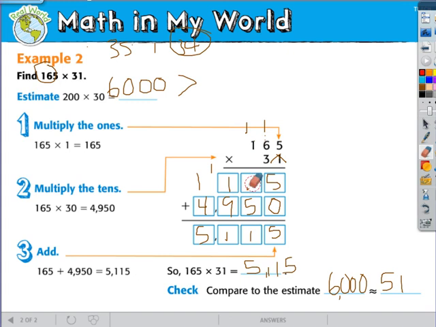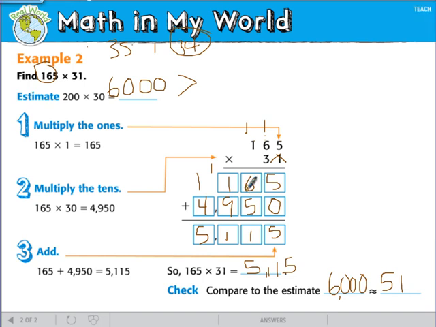That looks like an 8. Okay? 1 times 6 was 6. Okay. And we said that this was supposed to be greater, and is it? Yes, it is. All right?